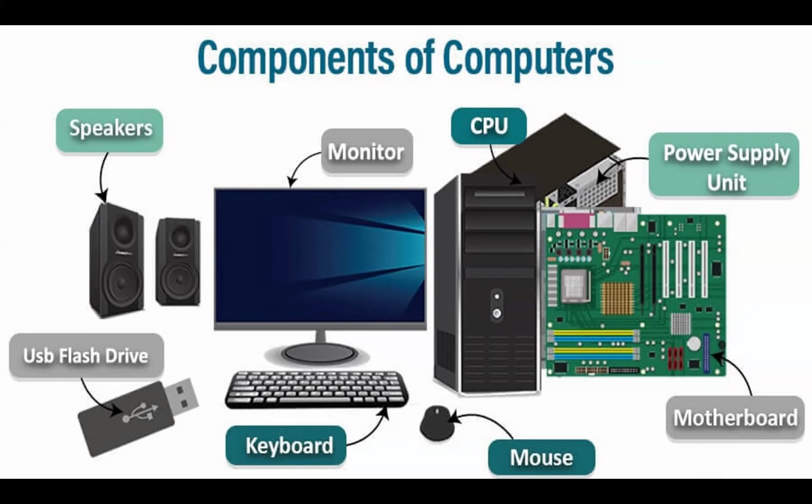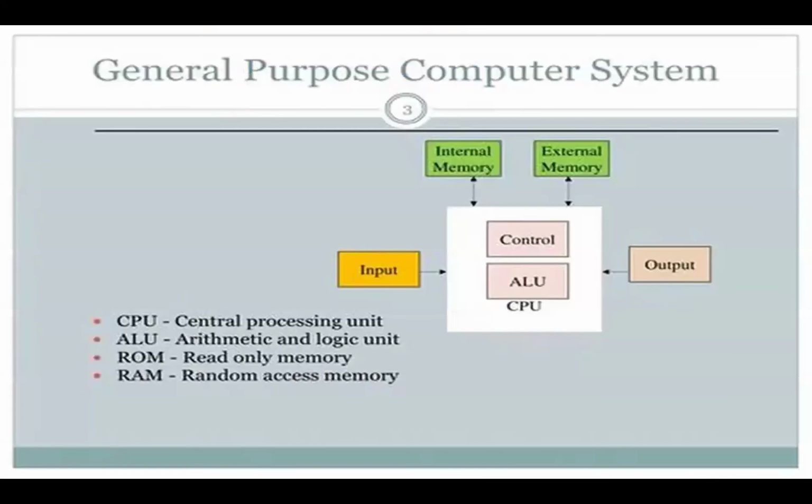And the software, the instructions that tell the hardware what to do. Together, they form the general purpose computer model, capable of running countless applications from word processors to scientific simulations.